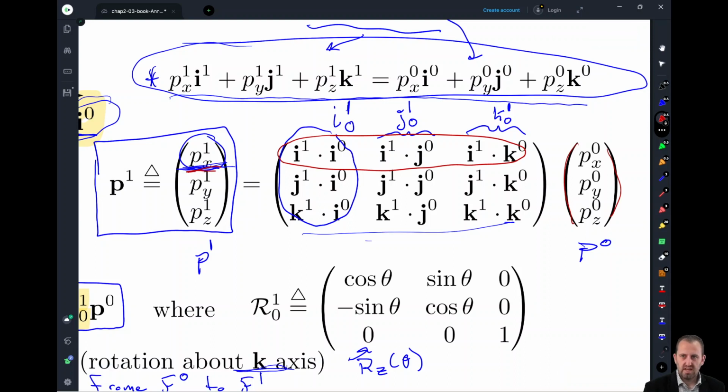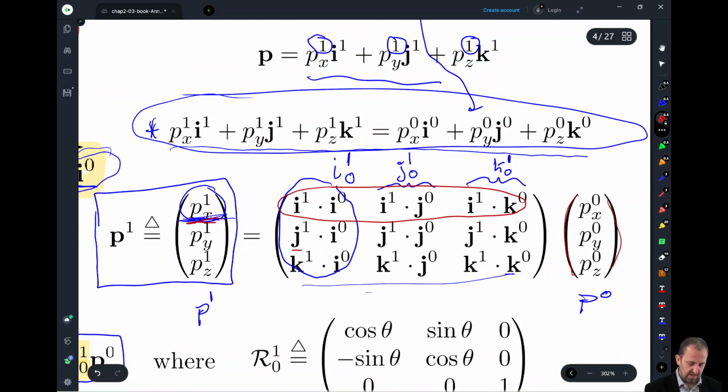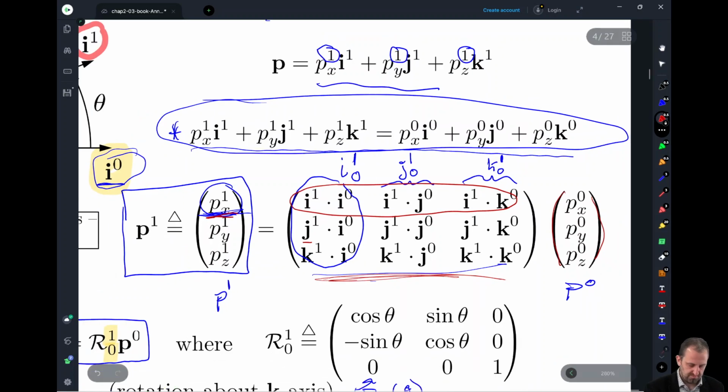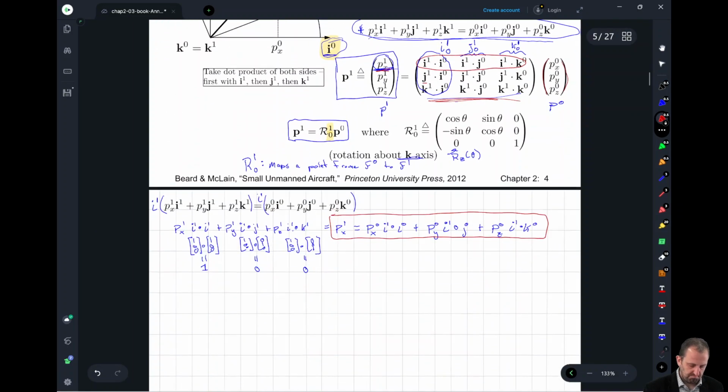We can do a similar thing for Py, where instead of multiplying everything by I1 we multiply by J1, and similarly for Pz. Using this simple relationship, where we've written up our point in two different fashions and set them equal to each other, we can quickly see that this relationship holds.